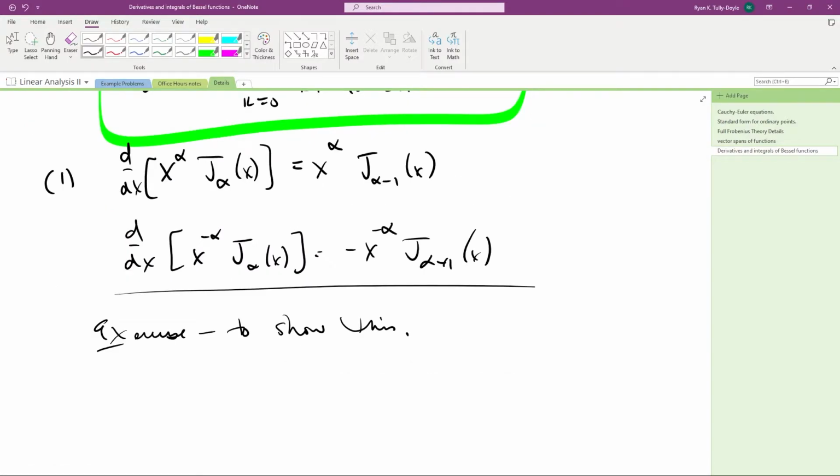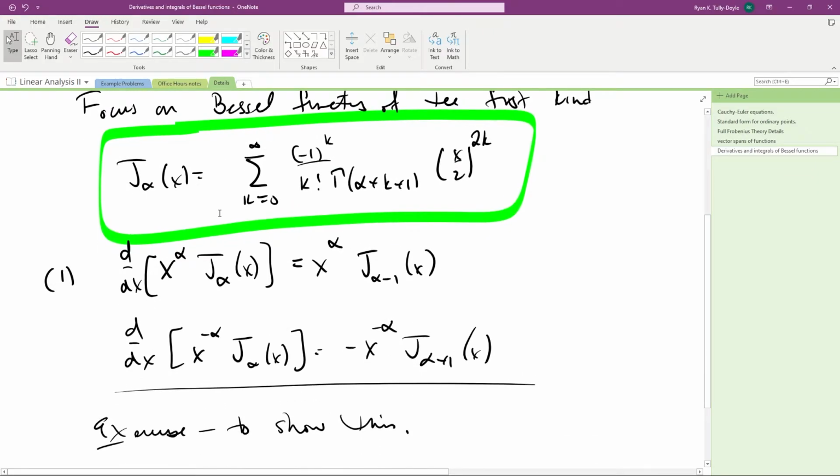The one nice thing about doing this is that you don't have to use the product rule, because you can put the x to the alpha inside and it will end up in the power of the x over 2. So you can push it in, take the derivative, and then pull it back out again. And what you're going to get out the other side is exactly what we have written here.